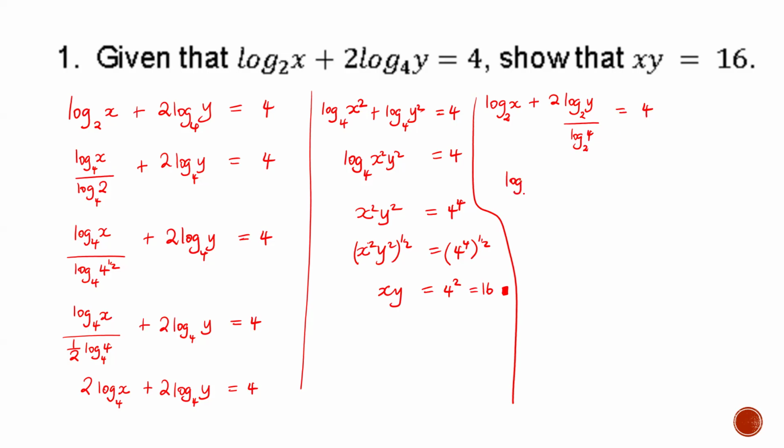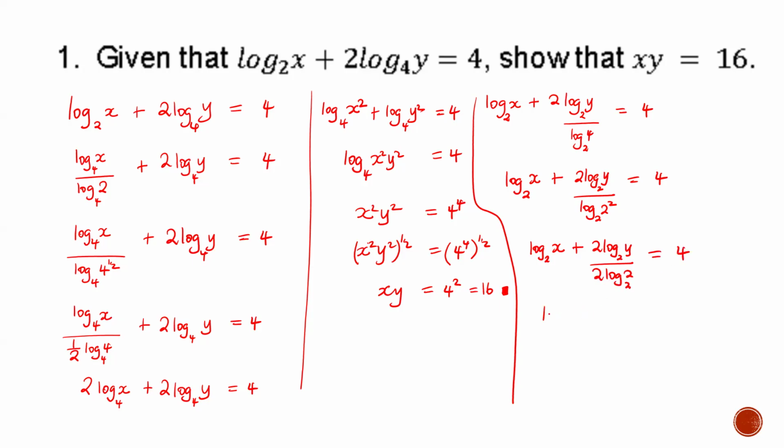So you have the log of x to base 2 plus 2 times the log of y to base 2, but this would be out of the log of 2 squared to base 2. I'm equating that to 4. So we have this plus this out of this. I'm equating this to 4.